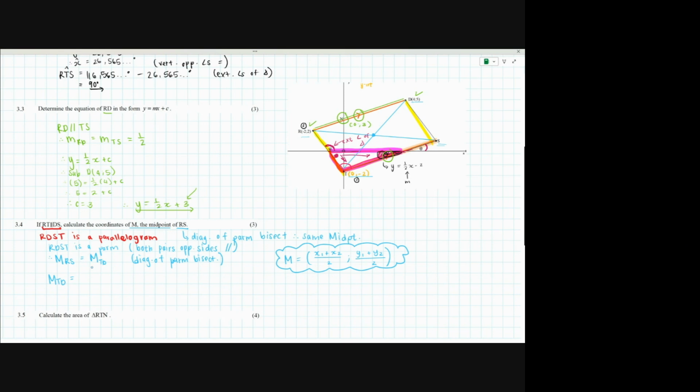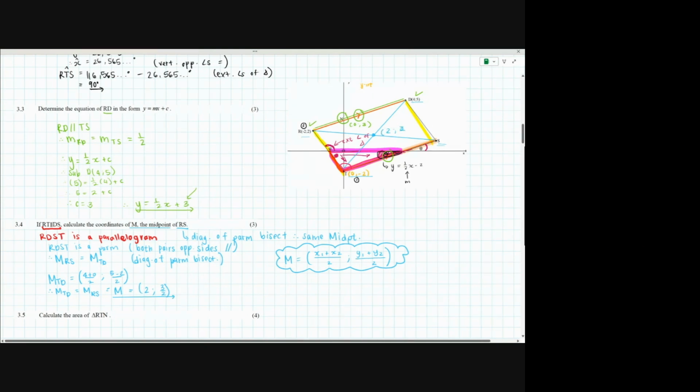Okay, so the midpoint of TD, you can put it in whatever order you want: (4 plus 0) over 2, (5 minus 2) over 2. And so we get that our midpoint of TD, which is exactly the same as our midpoint of RS, which is M essentially, is equal to (2, 3 over 2). And we've calculated the coordinates of M.